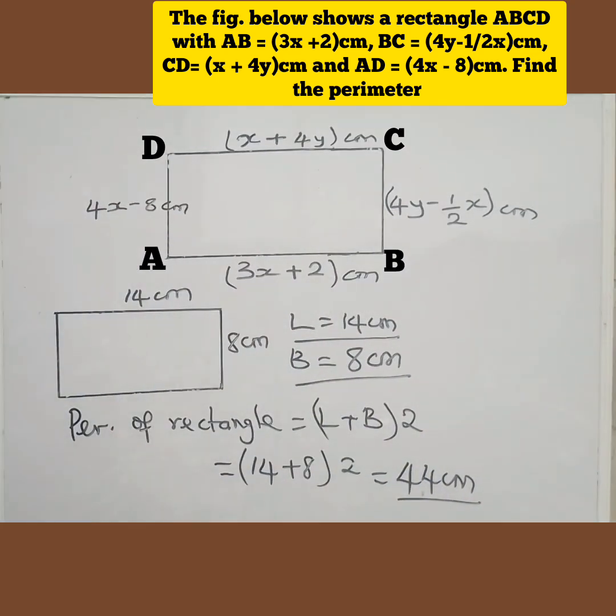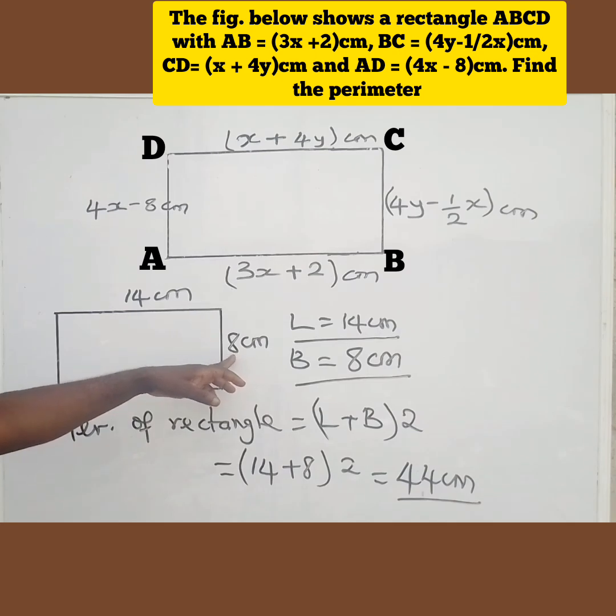That is the answer, as simple as ABC. If you want to just add, 14 plus 14 is 28. 28 plus 16 is 44.